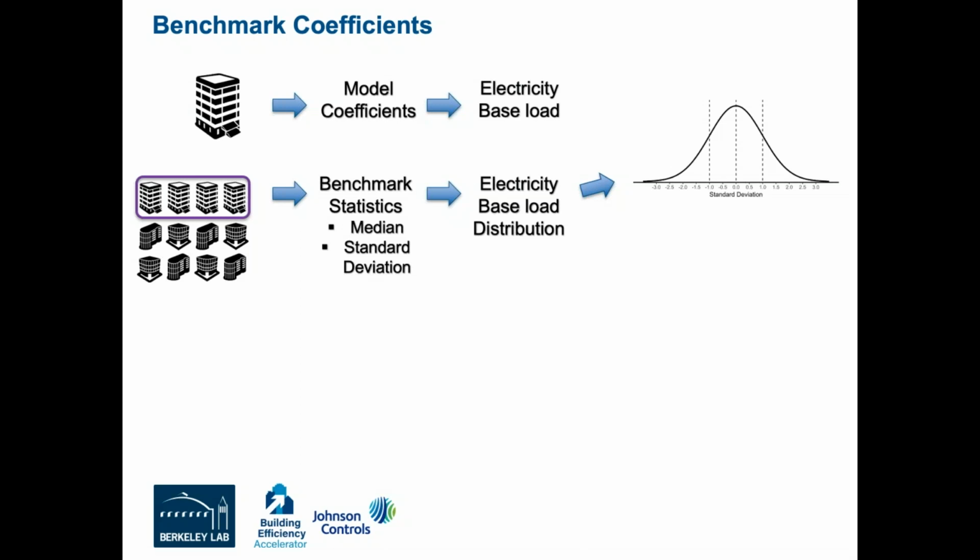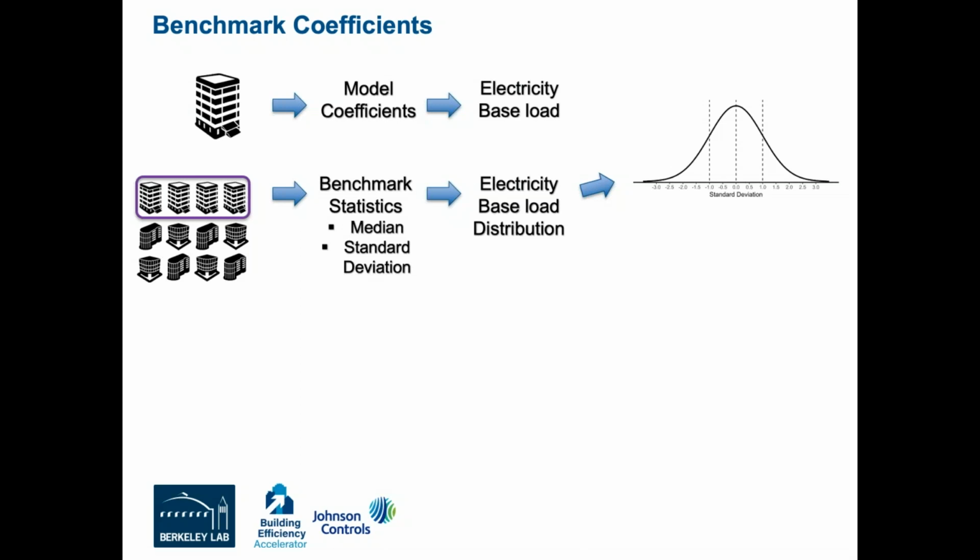So in this case, let's take the example of electric baseload, where Better provides us with information about the electricity baseload for any given building. And we compare that one individual building's electric baseload against a larger data set from which we've derived the median and standard deviation for electric baseload for that larger data set.